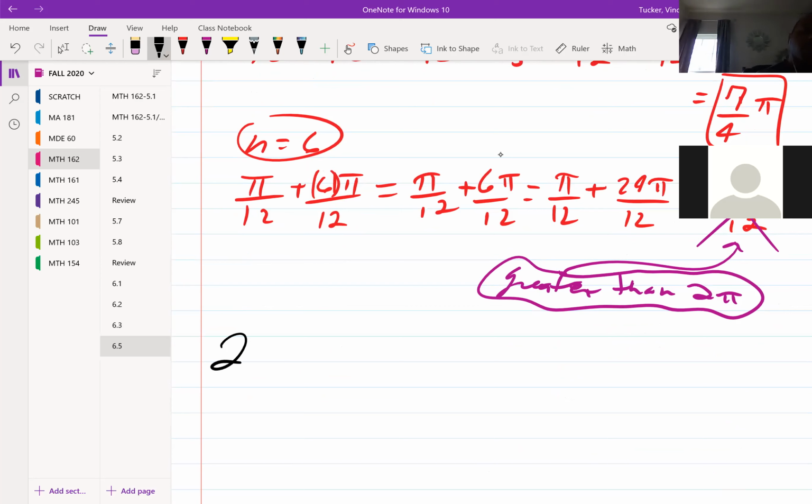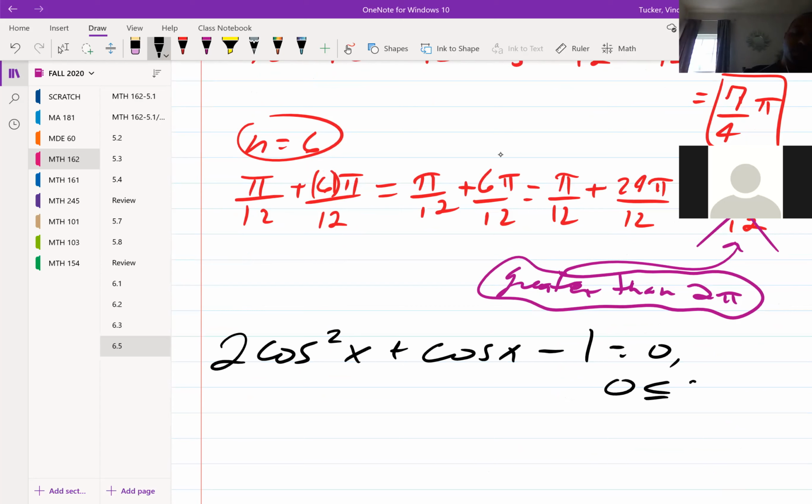All right. Cosine. Now let's look at cosine squared x plus cosine x minus 1. And they give us that interval as well. So we can actually factor this.